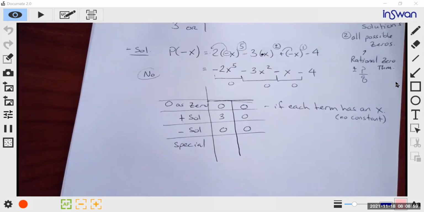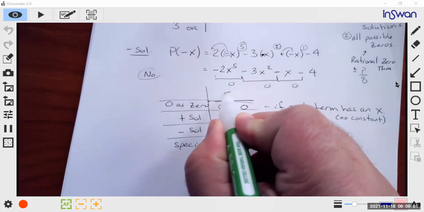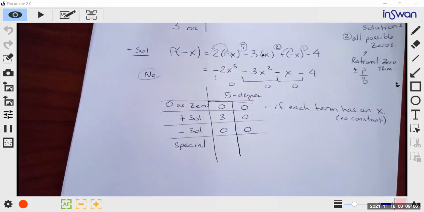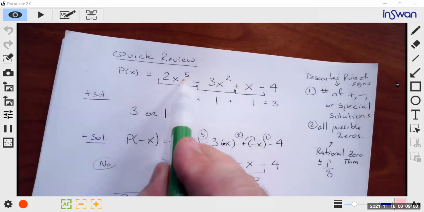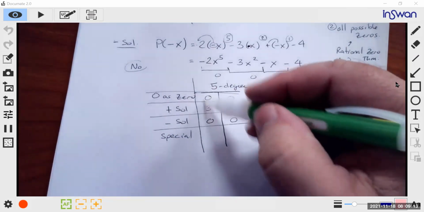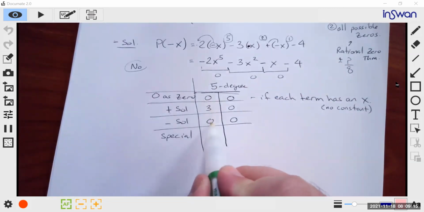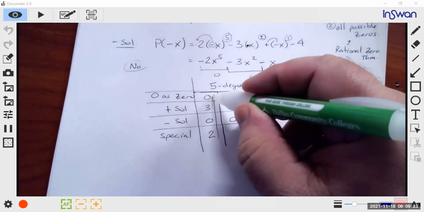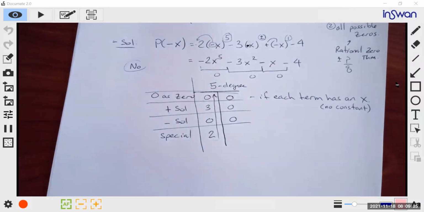So that means, remember, here the degree is 5. So we have to have 5 answers total. This is the 5th order polynomial. Vertically, 0 plus 3 plus 0, what do we need here? Because it has to equal 5. And specials are imaginary or radicals. They have to come in conjugate pairs.